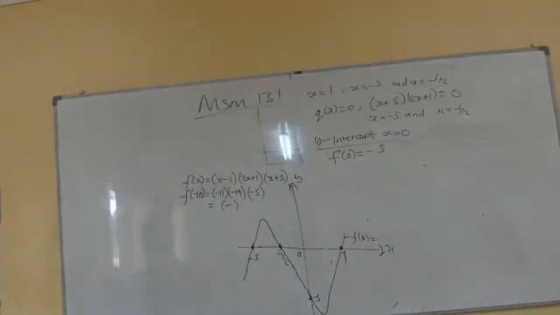Basically, that's how we sketch. Just note that the turning point is beyond negative 5. That's how you solve that question.